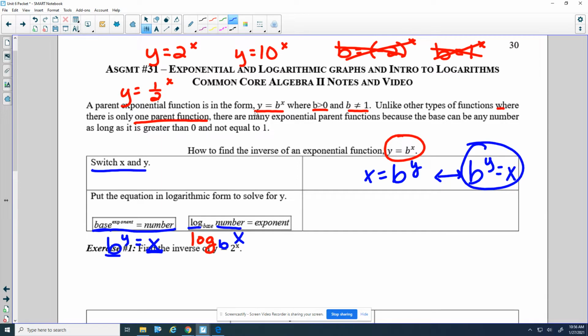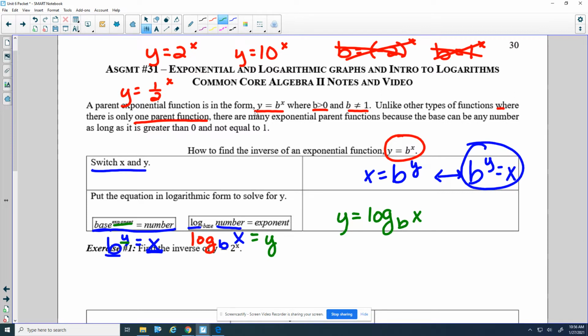And then the exponent, which in this case is the y, actually becomes the answer, okay? So remember, our goal was to get y by itself, and writing it in this new logarithmic form moves stuff around so we can actually have a y equals. So in this new equation, I'm going to write the y first, y equals log base b of x. And then this is the inverse, and we'll be graphing that soon.